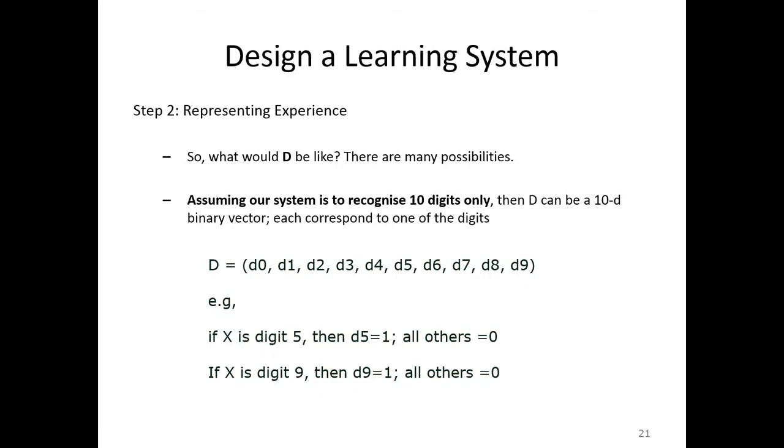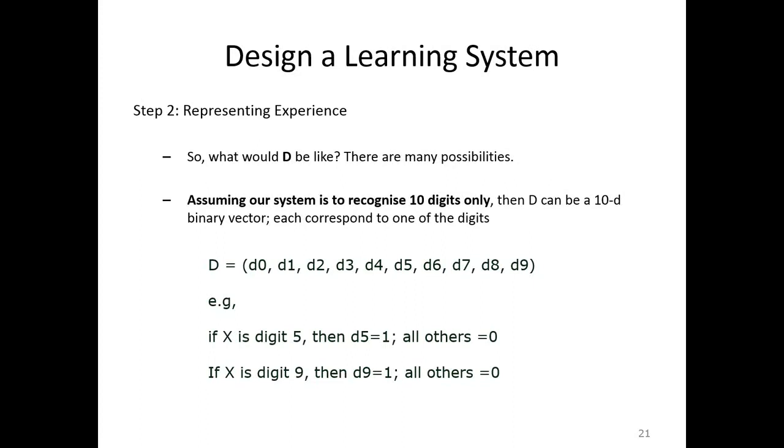If x is digit 5, then d0, d1, d2, d3 are all equal to 0, except d5 equals 1. And the same for d6, d7, d8, d9, which are equal to 0. So if you have this picture, my system knows that this is the character 5. The same thing for 9: everything is 0 except the last one, d9 equals 1.